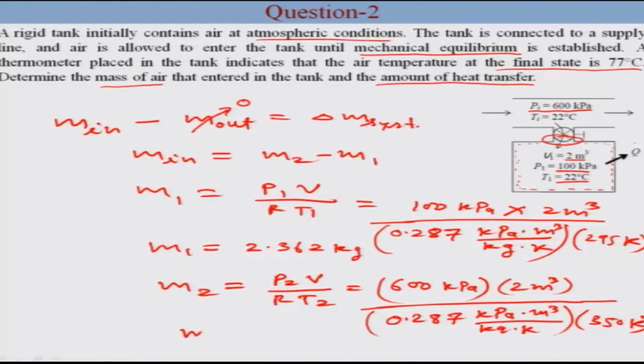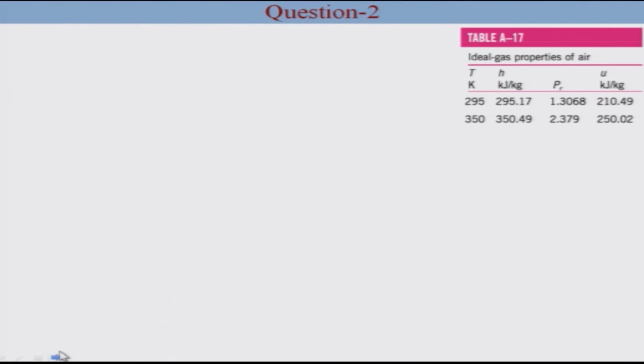So from here M2 would be equal to 11.946 kg. Now further, from the mass balance equation, the amount of mass coming into the system will be equal to M2 minus M1, which is 9.584 kg. So this much air will come into the system.